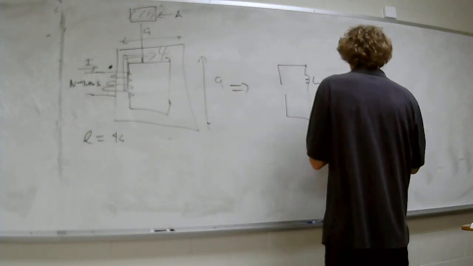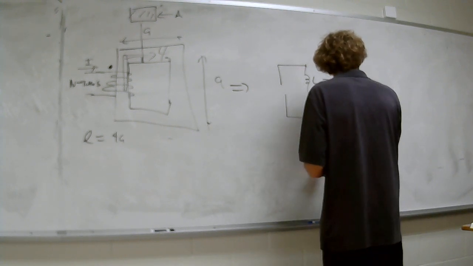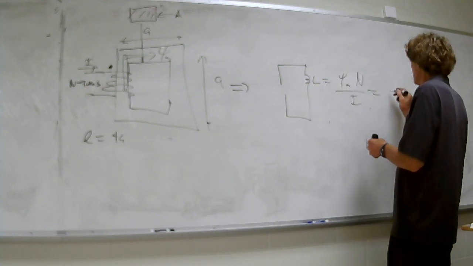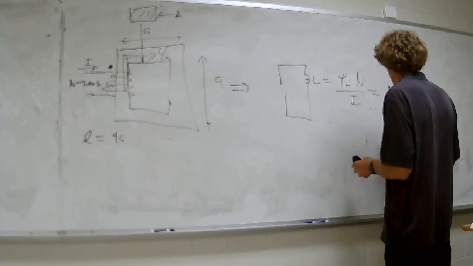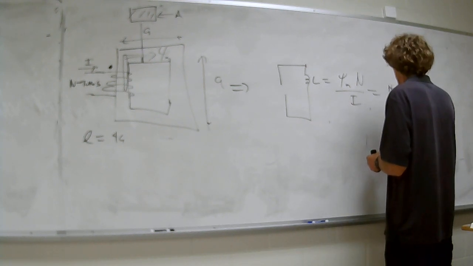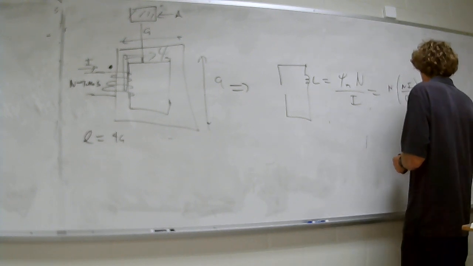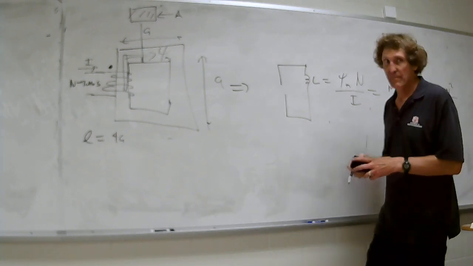I can say this is the total flux times the number of turns divided by I. The magnetic flux right there is NI divided by the reluctance. So it's N times NI divided by the reluctance divided by I, or it's really proportional to N squared divided by the reluctance. Y'all follow me in that?